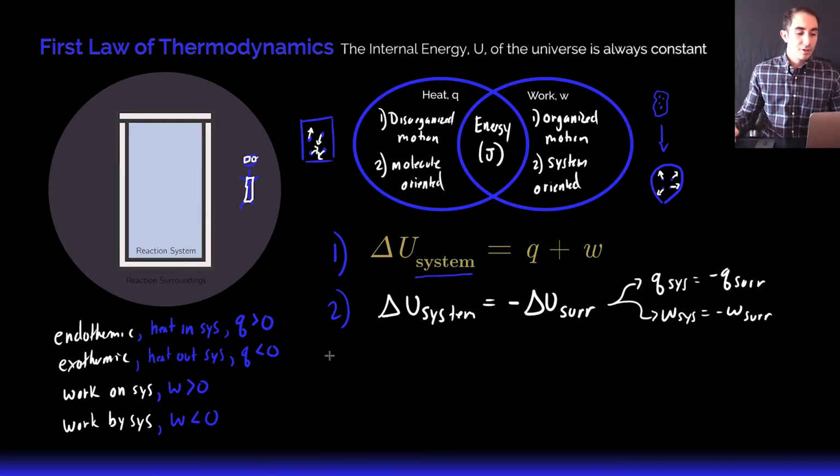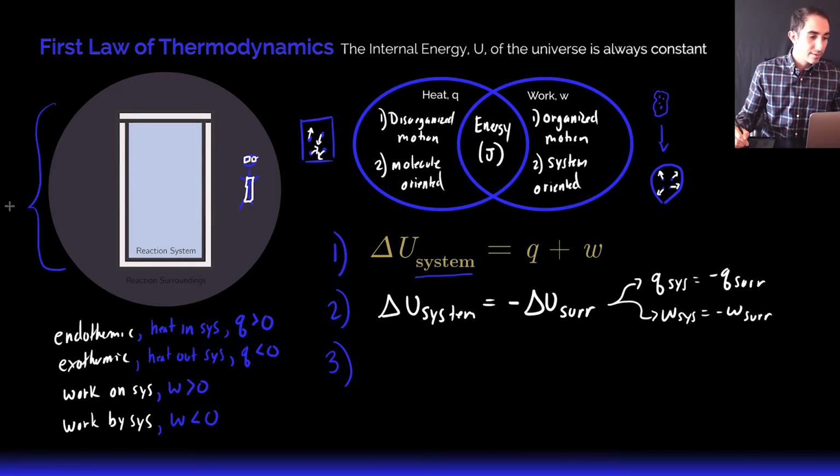Now, the third equation that brings this all together and finally gets us to the definition of the first law of thermodynamics is that if the delta U of the system is equal to the negative delta U of the surroundings, and if all of this, the system plus the surroundings, is the universe.